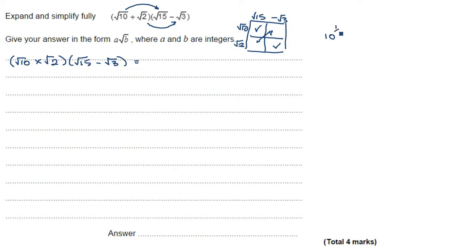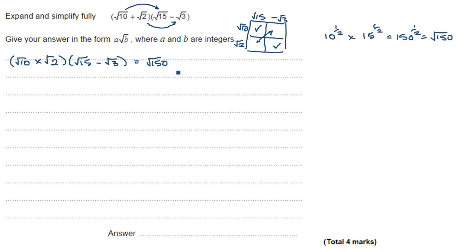So we've got 10 to the power half times 15 to the power half. The fourth rule of indices is that you can simply multiply out if the indices are the same. We've got a half here and a half here, which of course we have with surds, so I can simply make this 10 times 15, which is 150, to the power half, and that of course is root 150. So root 10 times root 15 is root 150. That's the first one done.